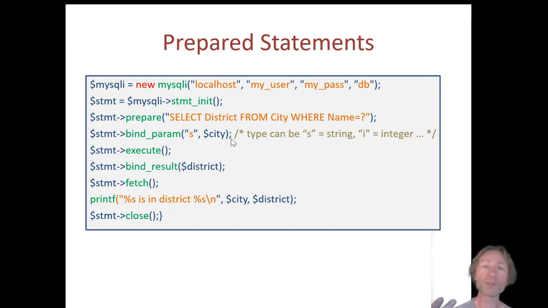The parameter is provided not to modify the query in a string building exercise, but rather as a proper parameter. Then we execute the statement and get the result, so now we obtain the result in the district variable. That means we now have the same functionality that we could have obtained in the regular way with string building, but without the SQL injection vulnerability.